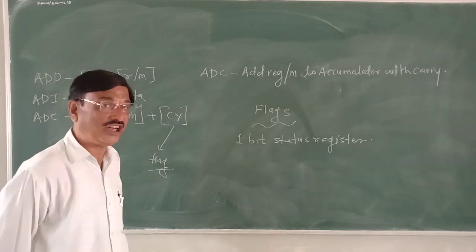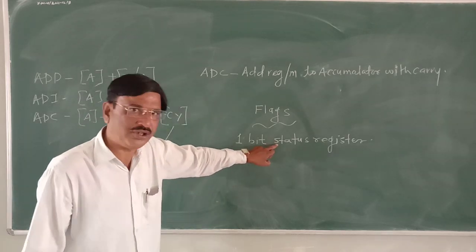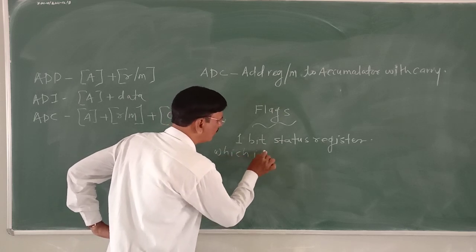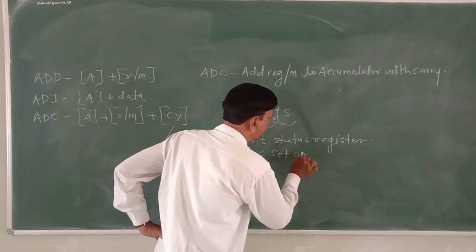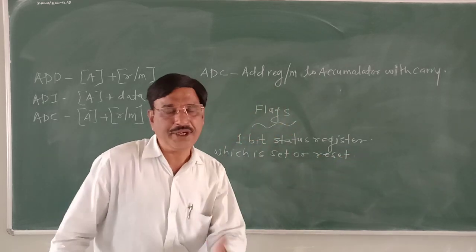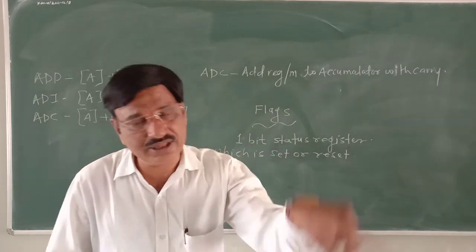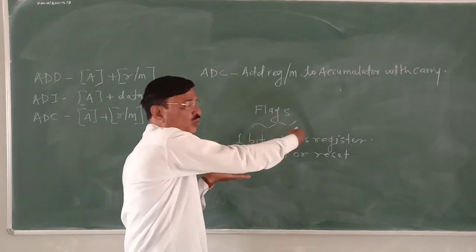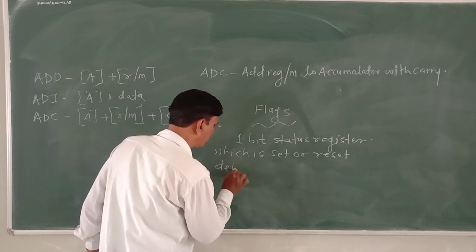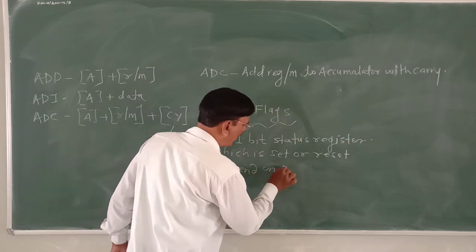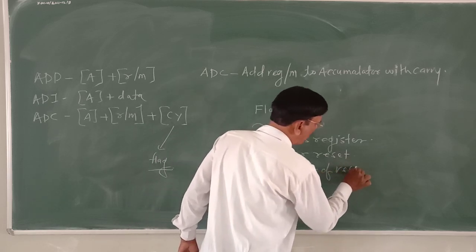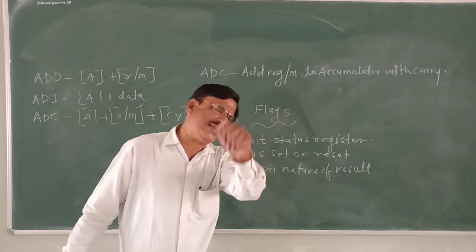Flags are 1-bit status registers which are set or reset. Set means it is set to 1. Reset means it is set to 0. But how is it set or reset? It depends on the nature of the result. And who produced the result?